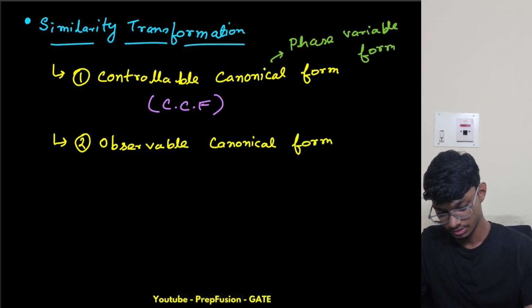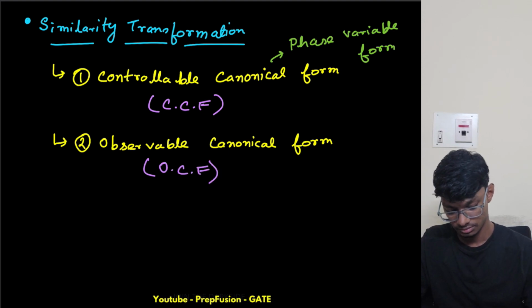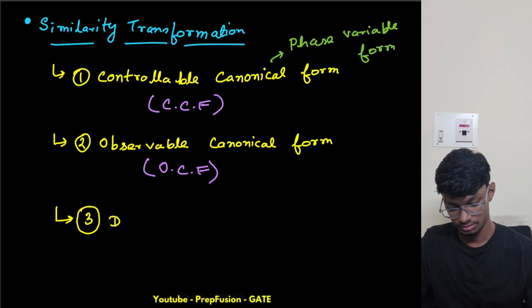In short, this is known as OCF. Okay, and what is the third one? The third one is the diagonal canonical form.